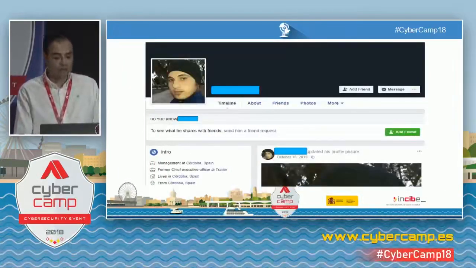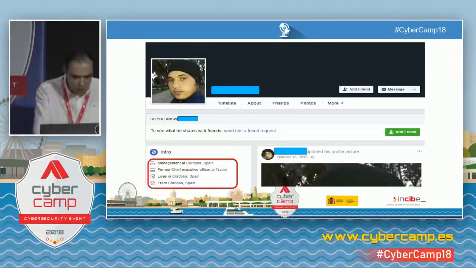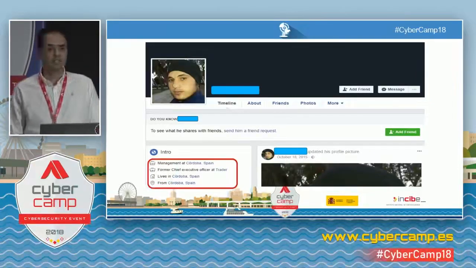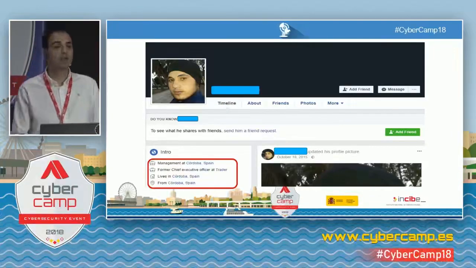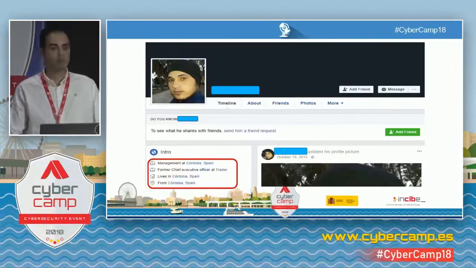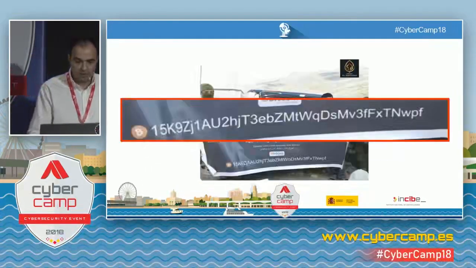Because in the profile he was using, he said that he was living in Cordoba, southern Spain. So if he's on the run and had been living in Cordoba, it might be that at a given point he could be in Cordoba to try to have support from his friends and kin.